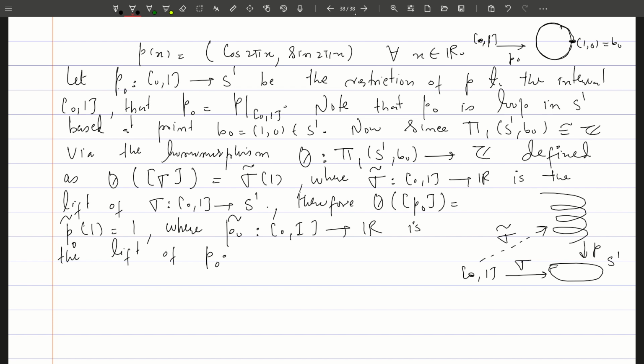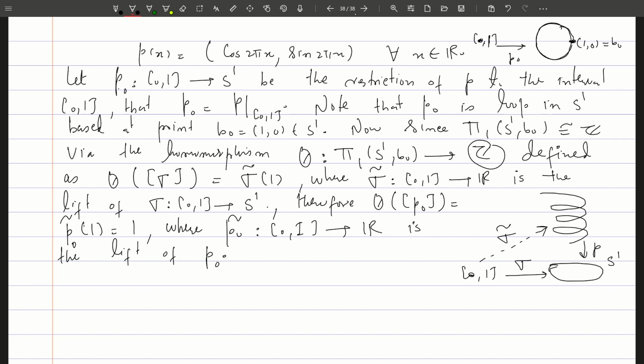Now one can note here that the homotopic class of p naught tilde is carried to 1 in Z, where 1 is the generator of this group. So therefore the homotopic class of p tilde will be a generator of this group.